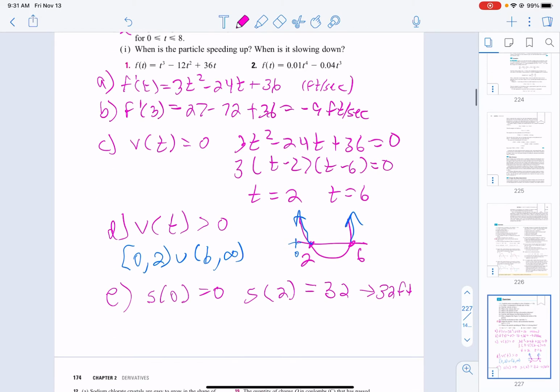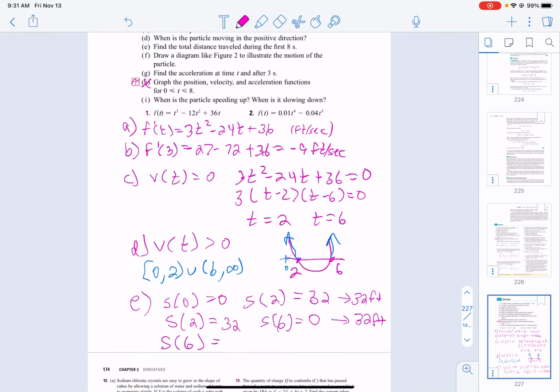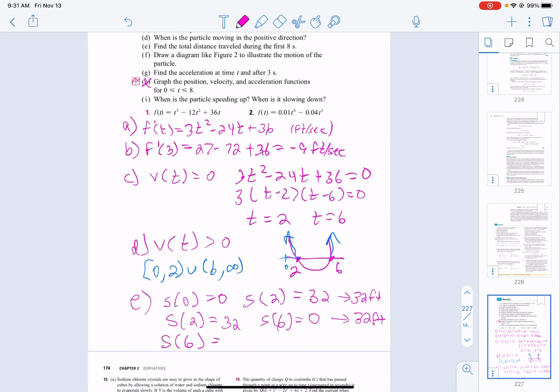Okay. Now let's see what's happening between 2 and 6. At 2, it was at 32, and then at 6, if you plug in 6, it's back at 0 again. So in that time, it's gone backwards 32 feet, but it's technically gone a total of 32 feet. And then from 6, now we're looking at the first 8 seconds.